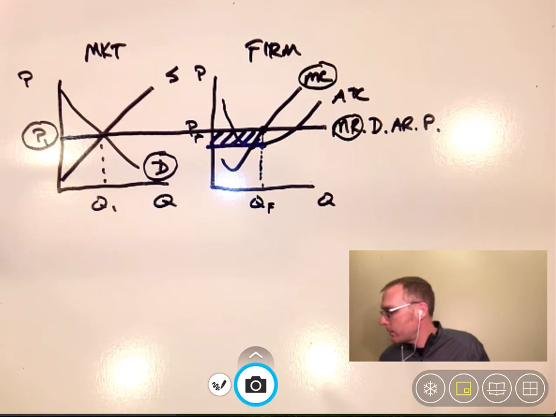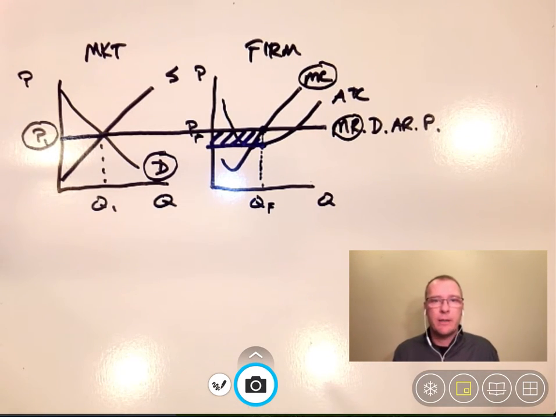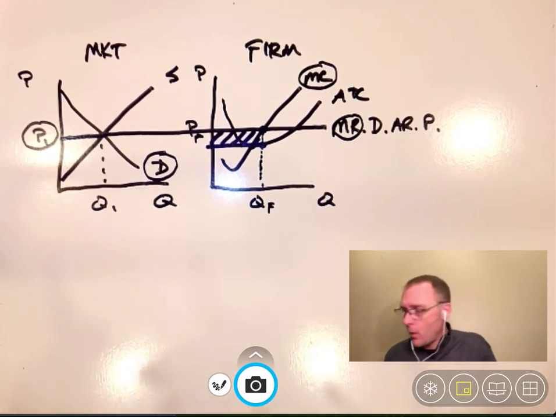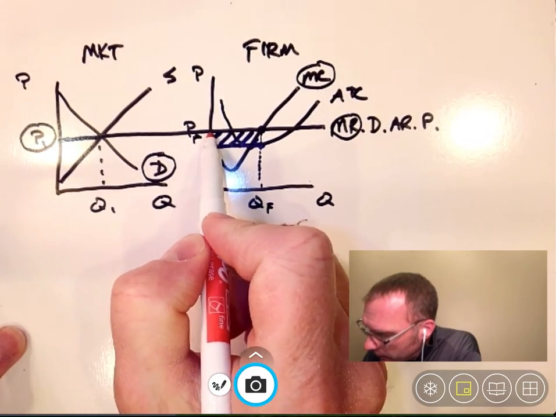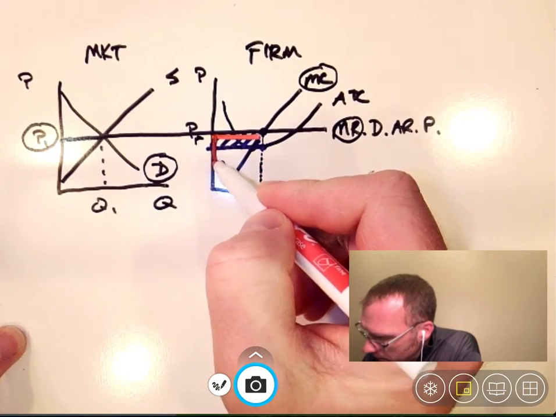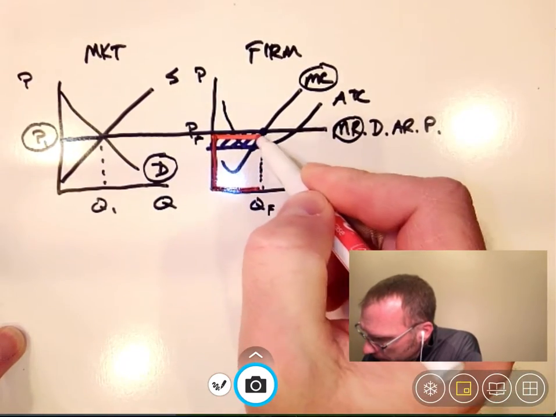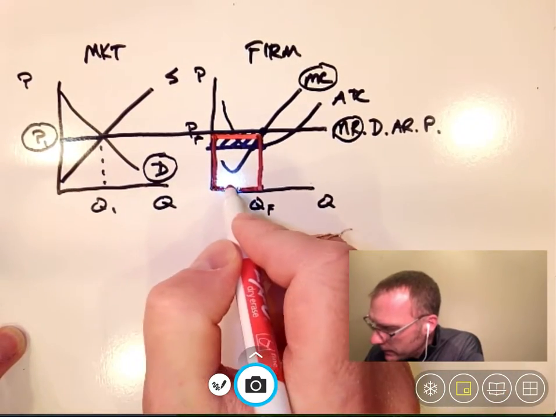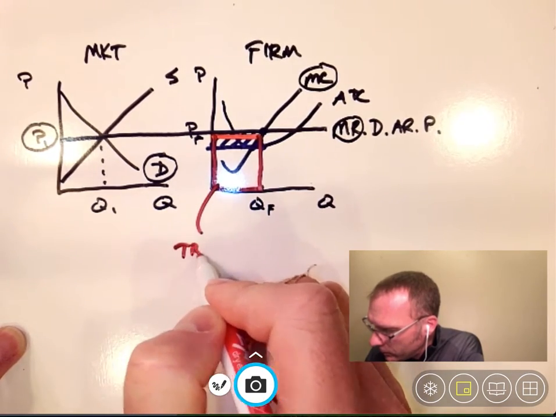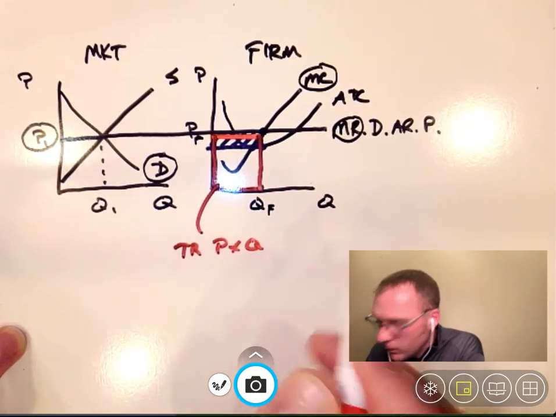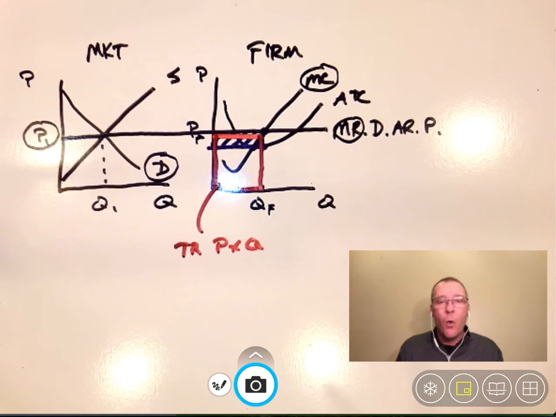Well, where's my total revenue? My total revenue is price times quantity. So this red box is my total revenue, or price times quantity, right? What is my cost? Well, my cost is going to be this green box.